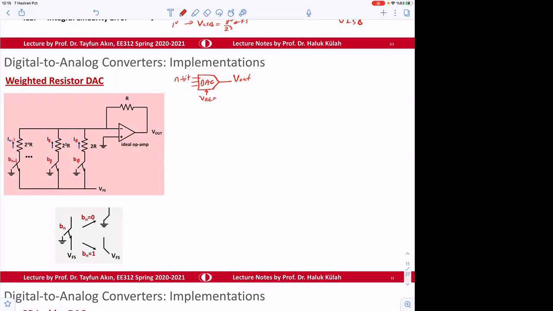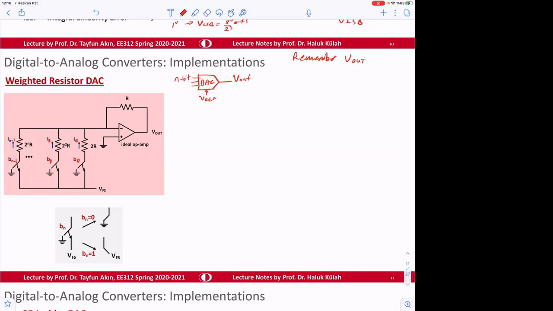So this is the circuit, and let's say we try to create a voltage here. Remember, V out needs to be created, right?